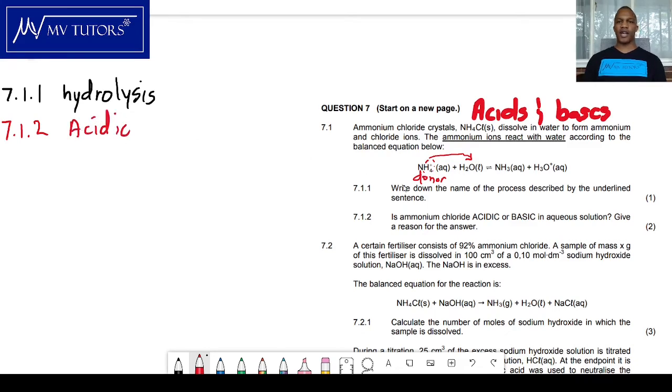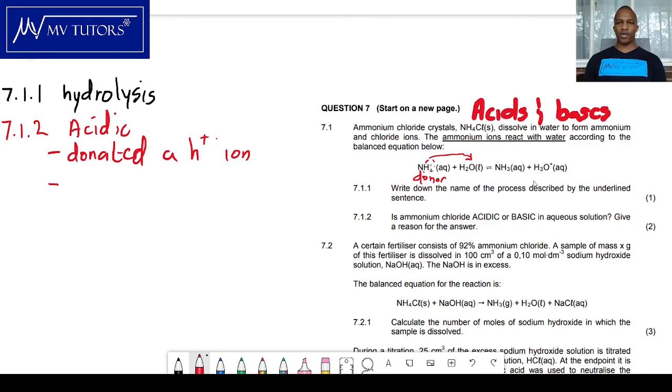Okay, you can use either definition. Based on donating, it's acidic. So they said give a reason. You can say because it donated a hydronium, or just say an H plus ion. Or using the other definition, you can say it formed H3O.